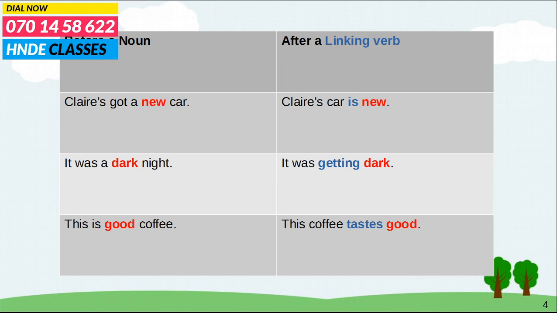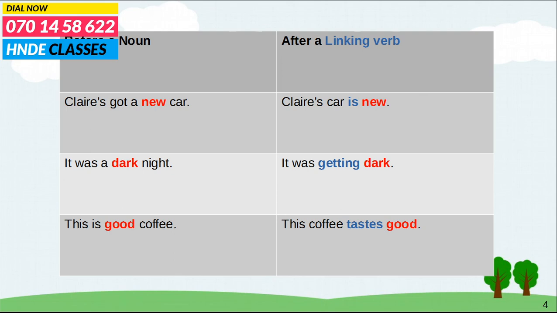So whatever adjectives describe a particular subject from a distance, that is after the linking verb, not right after the subject Claire's car, we label them as predicative adjectives.